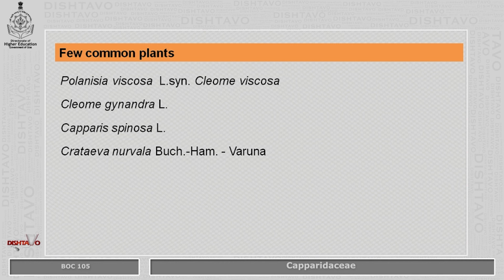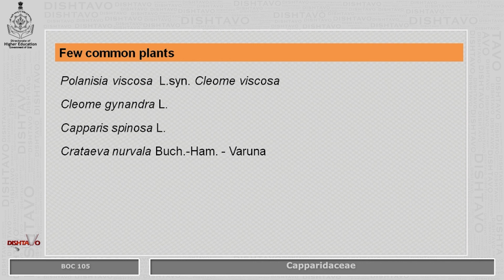Few important plants in this family are Polanisia viscosa, Cleome viscosa, which is a common herbaceous plant. Cleome gynandra is cultivated as an ornamental plant. Capparis spinosa is a wild plant.